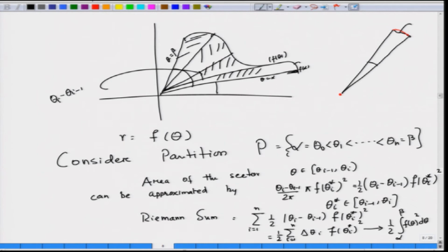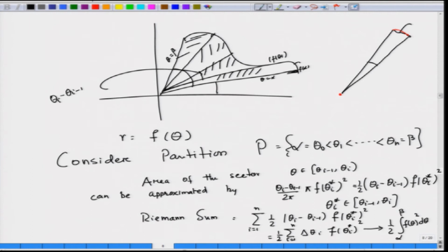So, now if we take the limit, this Riemann sum converges to half, integral from alpha to beta, where theta is varying from alpha to beta, of f of theta square d theta. This is the area.